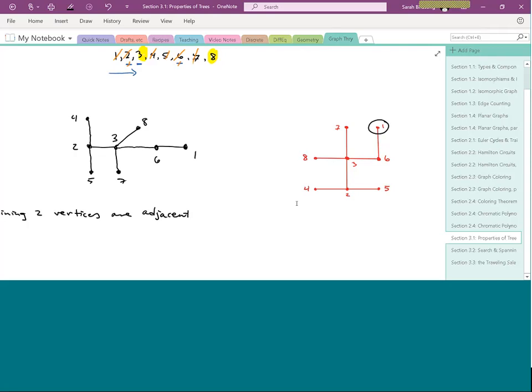Questions? Make sense? Yes, you could. And actually, the first time I taught this course a number of summers ago, I was very careful to put the vertices, when we were drawing them right here, in this exact same orientation.